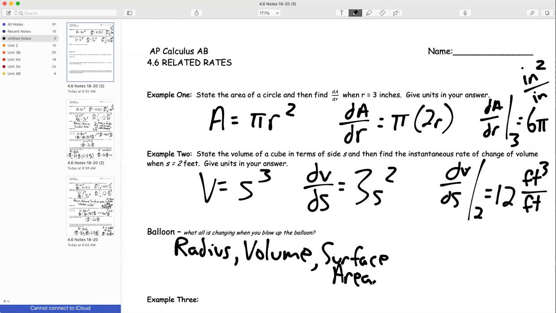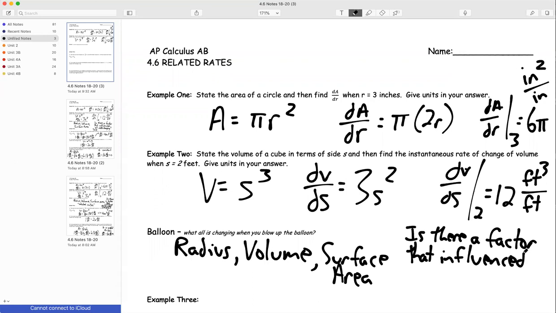Well, the question that I have is, is there a factor that influenced all rates changing? And the answer to that is yes, there is.